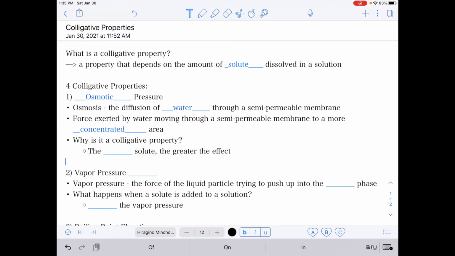So the greater the disparities in solute, the greater the osmotic pressure is going to be, which is going to make it a colligative property.